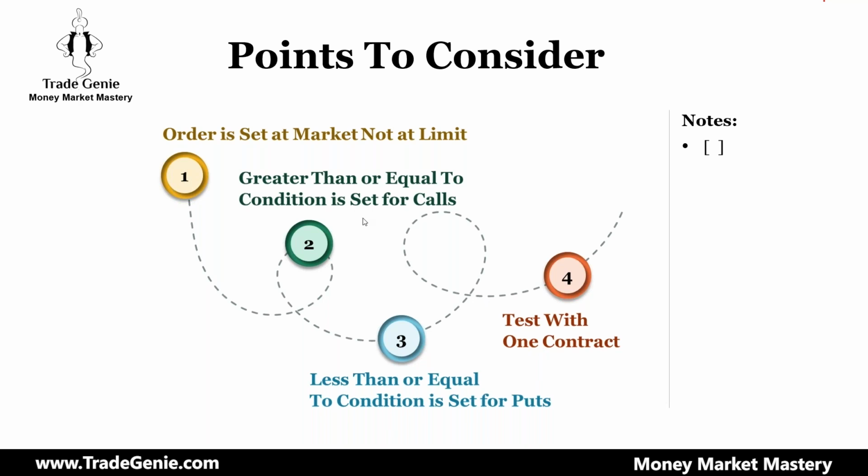Maybe you don't even know the sign of greater than or equal, and you may choose the sign of equal and less than. So just make sure you're setting it properly.